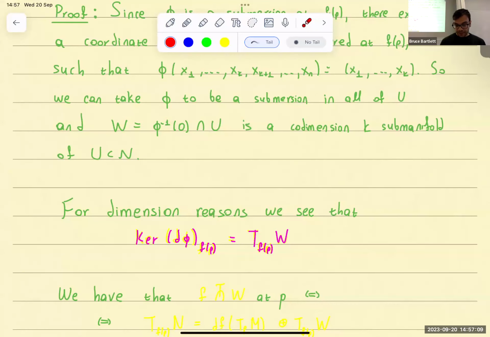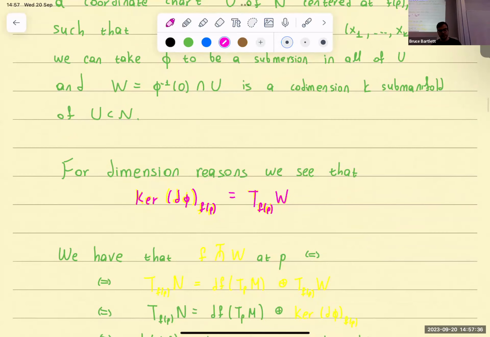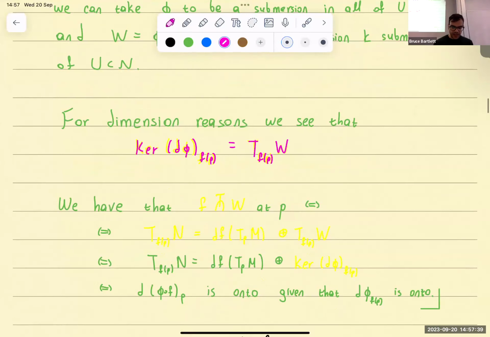Well, if I restrict phi to W, that's just the zero map, so I have an inclusion like that. And W is just the other coordinates, right? Yeah, exactly. I shouldn't spell that out more. And now it's a matter of unwinding definitions.